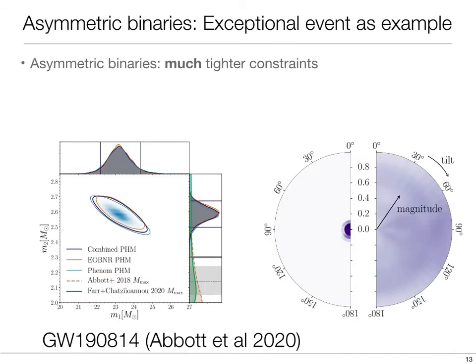Now, however, we have clearly asymmetric binaries as well. To use a recent example, 0814, the figures below show asymmetric binaries can produce much sharper constraints on individual components. The figure on the left shows the inferred masses of both components.